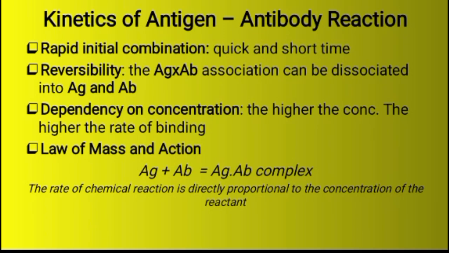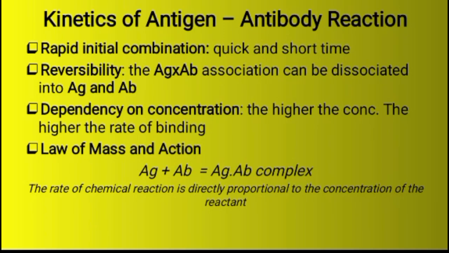Now, the law of mass action. The law of mass action says that the rate of a chemical reaction is directly proportional to the concentration of the reactants. So the rate at which the antigen and antibody bind depends on the concentration of the antigen and the concentration of the antibody.